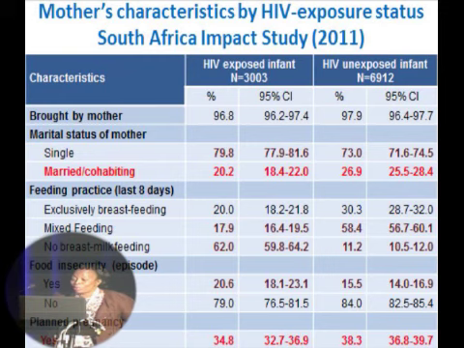I was actually quite surprised that in this particular study, where we had over 6,000 unexposed infants and over 3,000 exposed infants, only 20% of the mothers who were HIV positive actually said they were married or cohabiting with somebody, and 26.9% in those mothers that were negative.